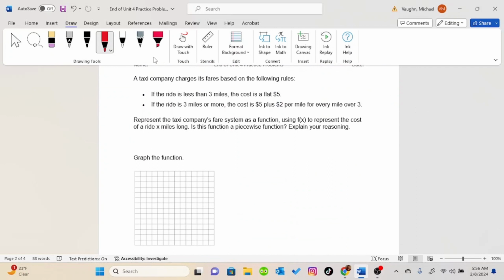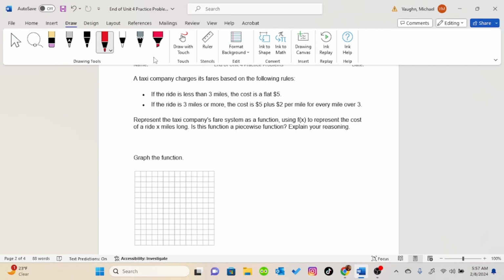A taxi company charges its fares based on the following rule. If the ride is less than 3 miles, the cost is a flat $5. If the ride is 3 miles or more, the cost is $5 plus $2 per mile for every mile over 3.